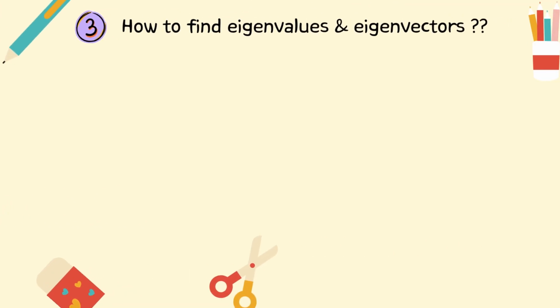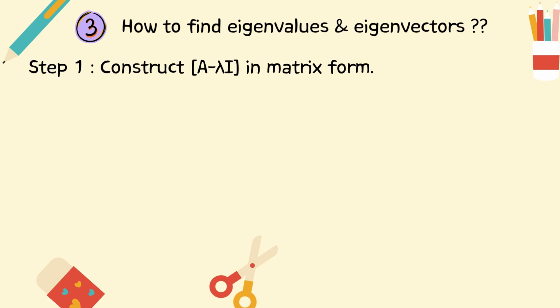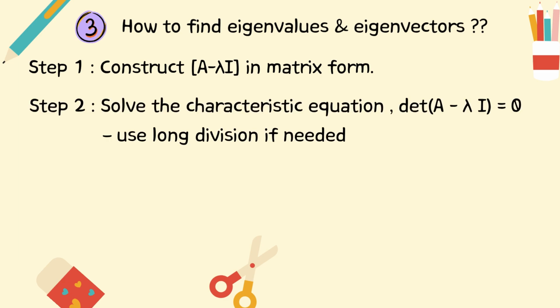Now that we understand the concept, let's go through the steps to find eigenvalues and eigenvectors on our own. Firstly, we form the matrix A minus lambda I, where I is the identity matrix. Next, we calculate the determinant of this matrix and solve determinant of A minus lambda I equals 0.